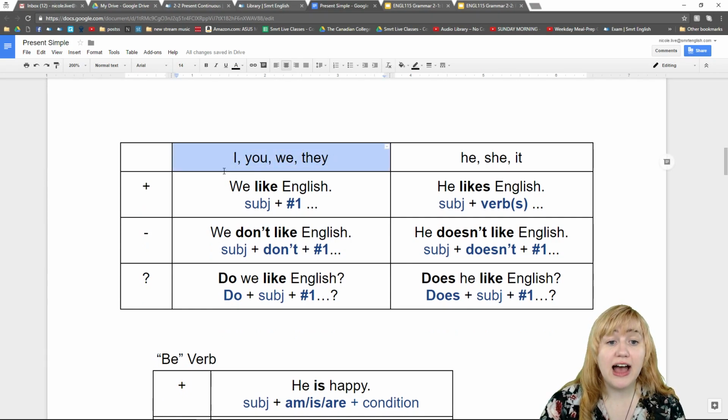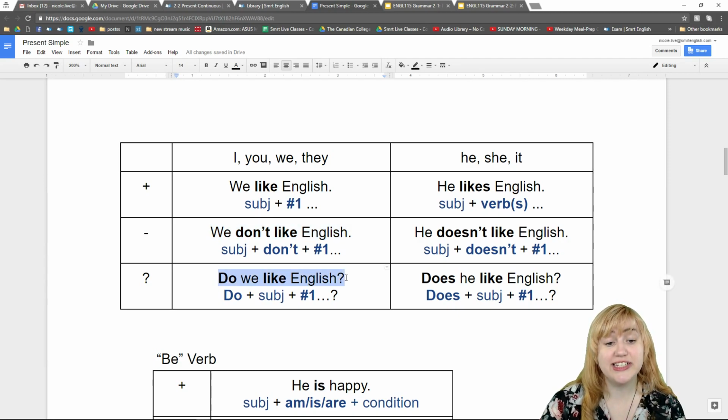So for I, you, we, or they, here's positive, negative, and question. We have an example. We can say we like English, we don't like English.